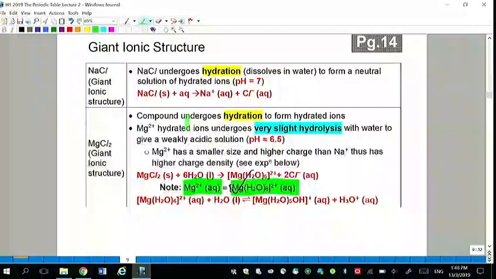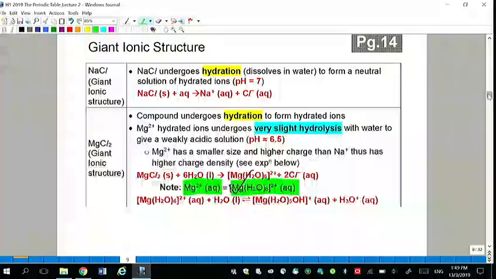The hydrated ions will actually react with water molecules to form an acidic solution. So hydrolysis is your hydrated ions reacting with water molecules. Hydration is your water molecules surrounding your ions. Take note of the difference between these two.